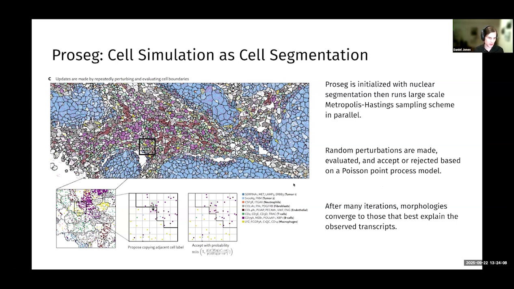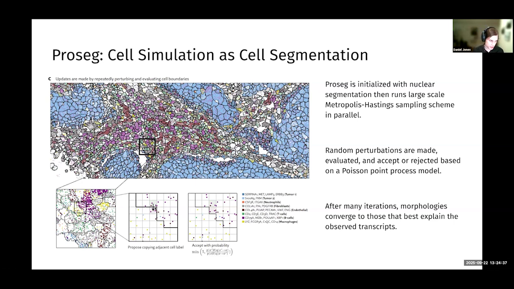Okay, so to see what this looks like on some real data, this is MERScope data of a lung cancer sample. This is the segmentation result on the top panel. And then I've zoomed way in, so you can see what one step of the simulation looks like. A single step is basically: let's try nudging the boundary between these two cells over by 1 pixel, and then evaluating the result.